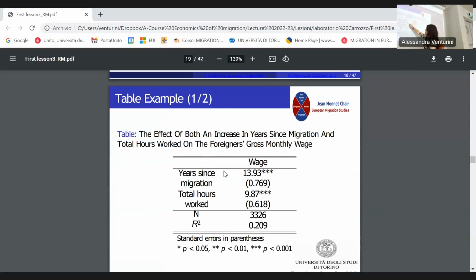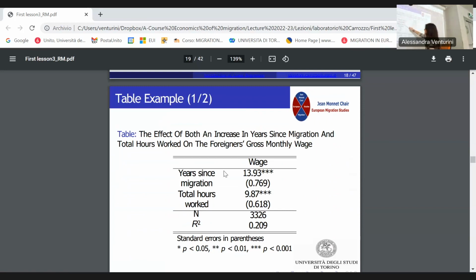So we have here years since migration, but also the total hours worked, as explanatory variables, on the foreign gross monthly wage. It is the same regression, but in this case we have the effect of both an increase in years since migration and total hours worked. As we said, one year in the host country increases the wage by 30 euros, as before.